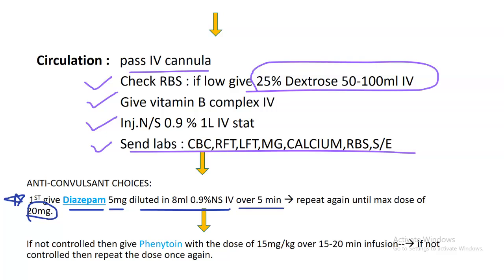Let's suppose you have tried this and failed. If it's still not controlled, you can safely give phenytoin at a dose of 15 mg per kg over a 15 to 20 minute infusion. Once the infusion has been stopped but the seizures are still continuing, you can repeat the same dose of phenytoin again.